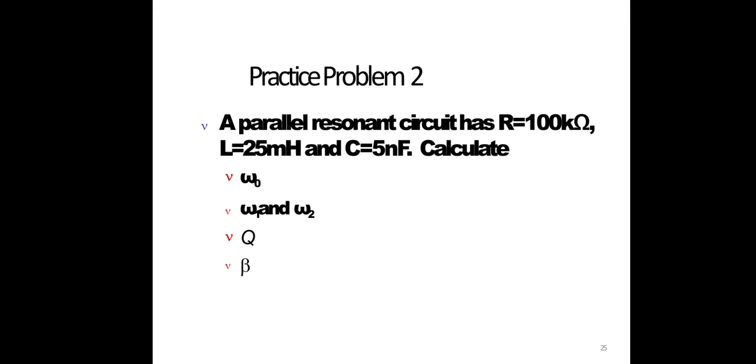So 1 by 5 into 10 power minus 4 is left. 10 power 4 should be shifted to the numerator, so 10 power 4 by 5, which is equal to 2 into 10 power 3. That means 2 kilohertz is the bandwidth of the given circuit. This is about the parallel resonant circuit practice problem.